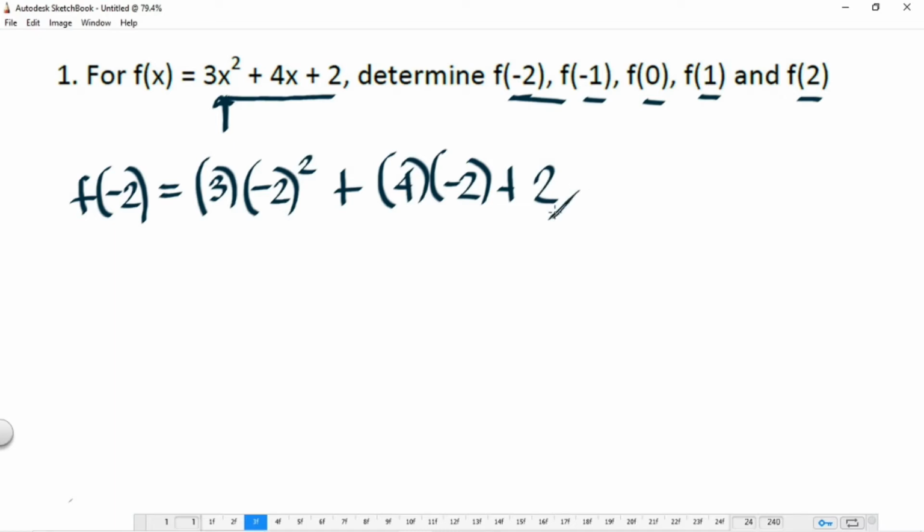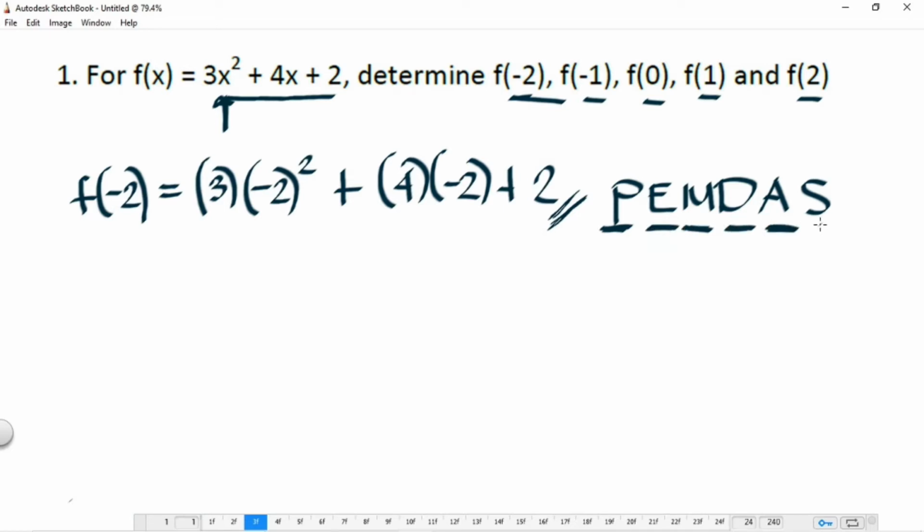If you remember, just follow the PEMDAS rule. I will just write it down. PEMDAS, which means the sequence of priority will be parenthesis, exponent, multiplication, division, addition, and finally subtraction.